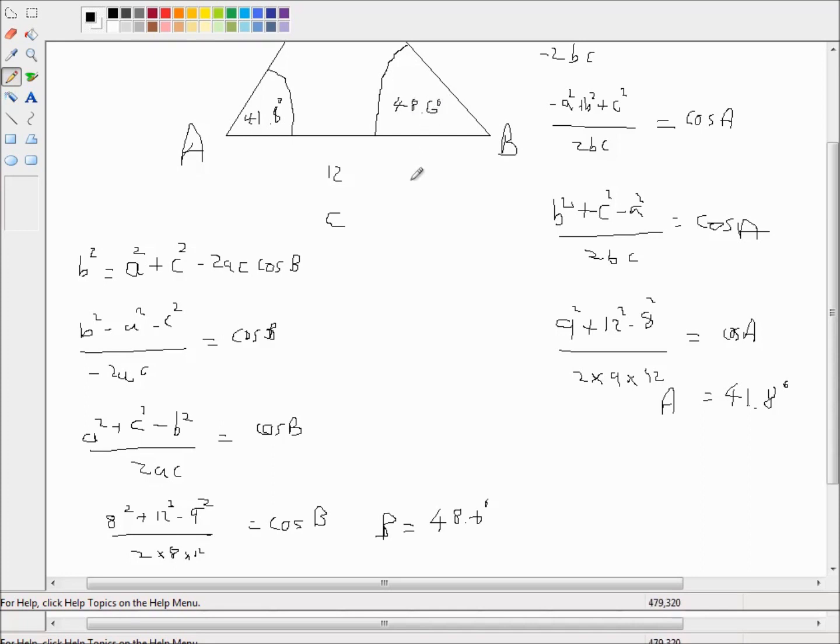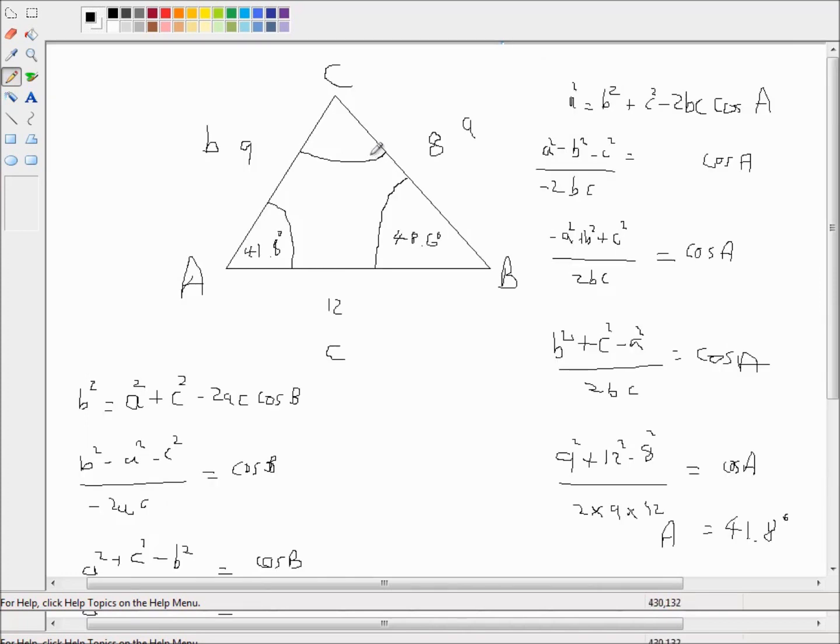We could do the same thing to get angle C, but there's no point. We can just use the angle sum. Everything has to add up to 180 degrees. So angle C is equal to 180 degrees minus 48.6 degrees minus 41.8 degrees.